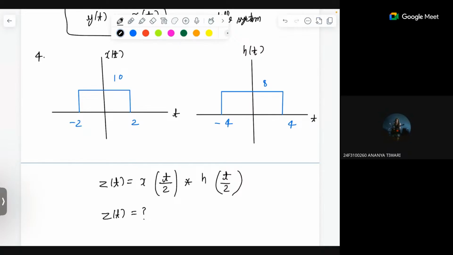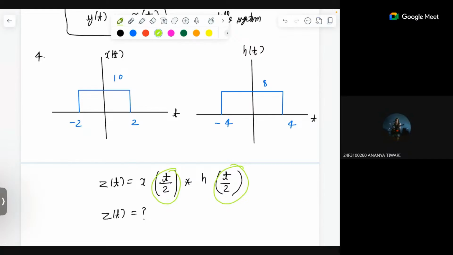You have to solve, but before you solve, you need to see that this is x of t by 2, h of t by 2. With t by 2, will x of t be expanded or compressed? Expanded. And h of t will also be expanded.